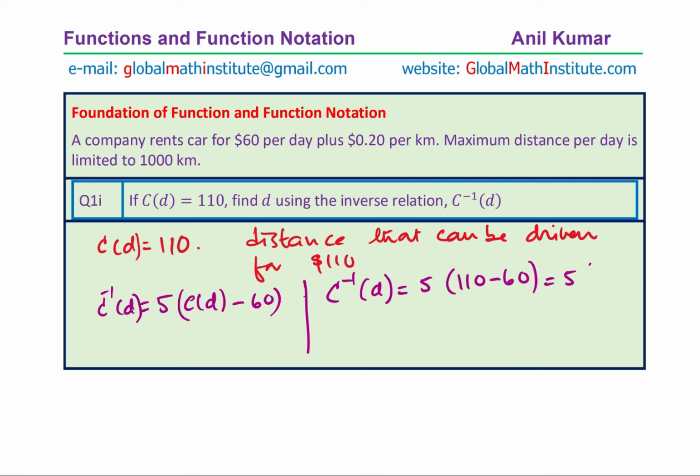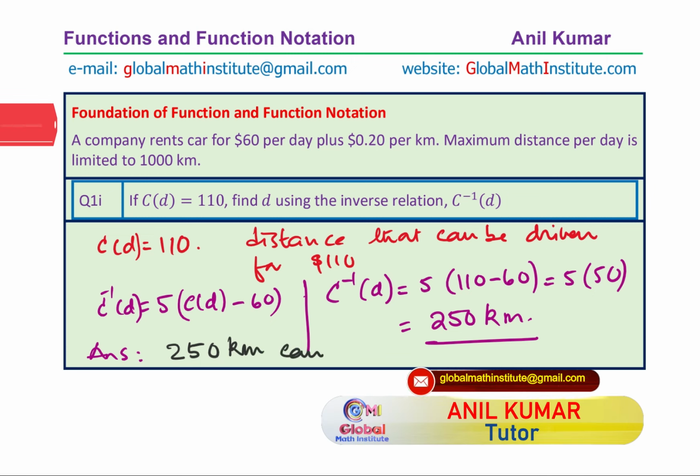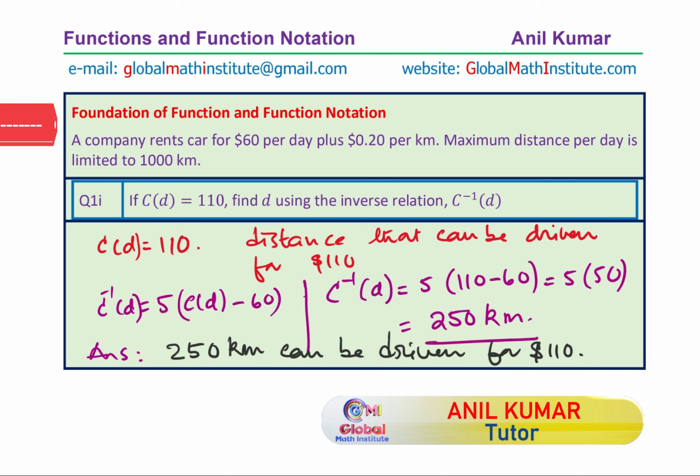That means 5 times 50, correct? And that gives you 250 kilometers. Is that clear to you? So 250 kilometers can be driven for $110, right? Does make sense. So that is how we relate all these things.